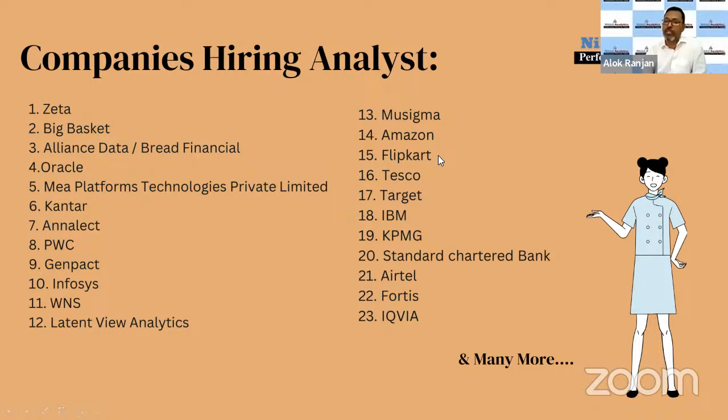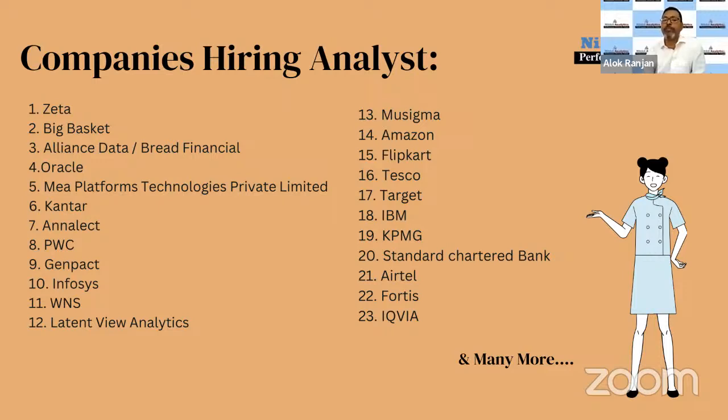Amazon, Flipkart are e-commerce companies, Tesco, Target are retail companies. They have big retail chains in India and outside India also. Okay, IBM is a product-based company. KPMG again is a consulting firm. Standard Chartered Bank is a banking company. Airtel is telecommunications. Fortis, IQVIA is a healthcare company.